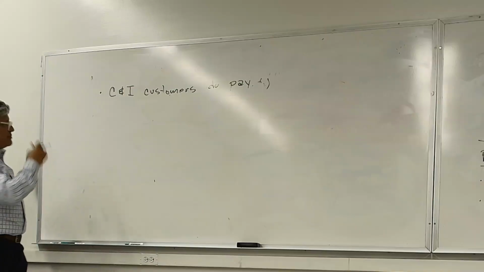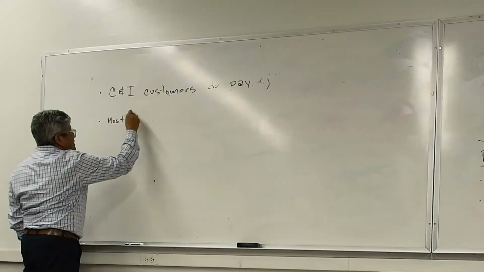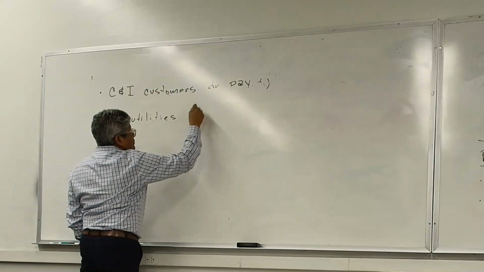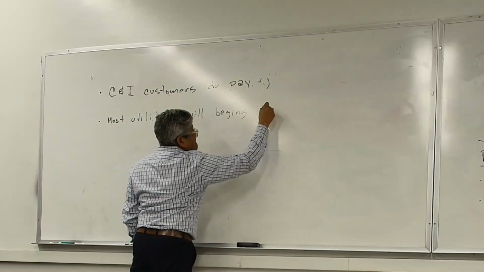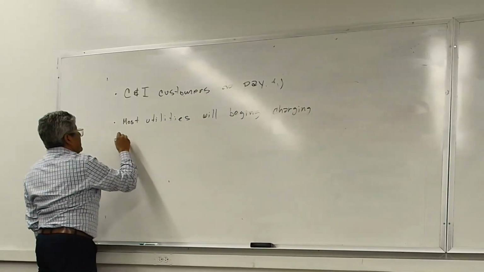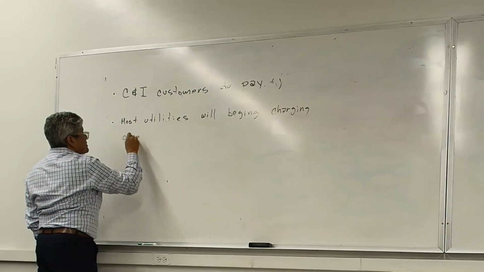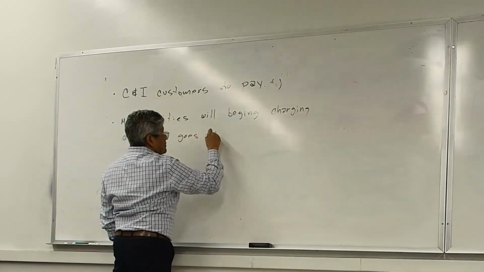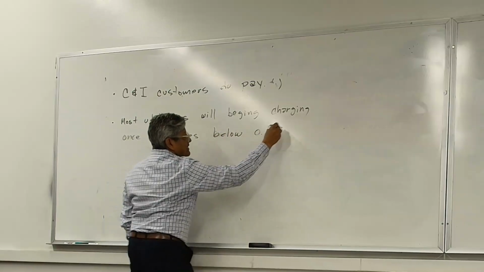I think, if I'm not mistaken, most utilities will begin charging once the power factor goes below 0.89.